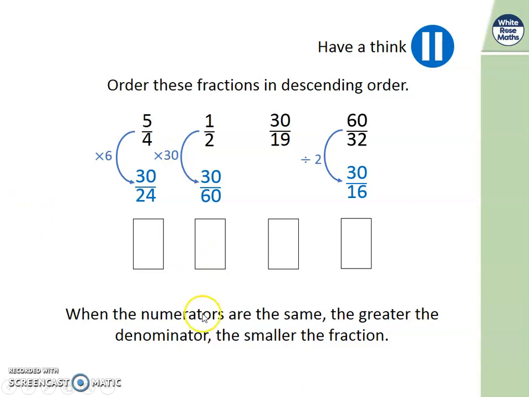So in that case, we want the largest fraction first. So we want the smallest denominator. And it looks like this is the smallest denominator, which belongs to this one. Well done. Next, 60 over 32.